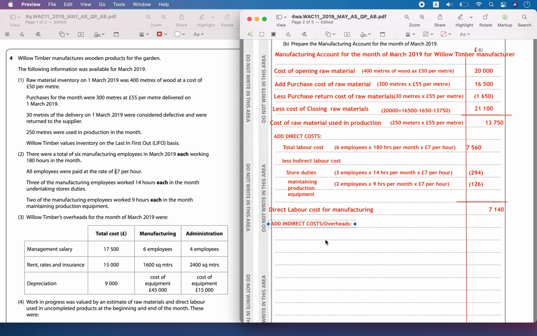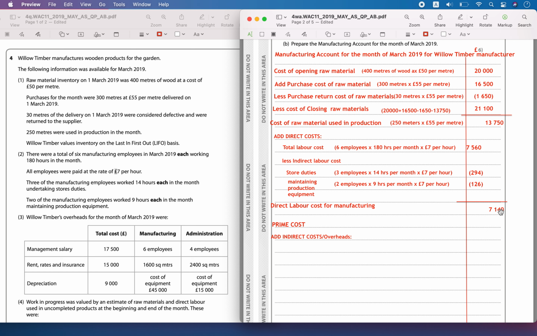Before that, let's add up these two, direct labor and manufacturing cost. When you add up these two, you will get what is called the prime cost. This also you have to indicate. 13,750 plus 7140.